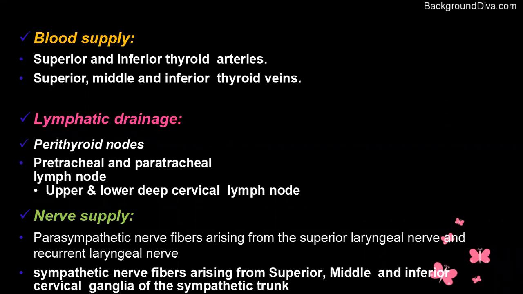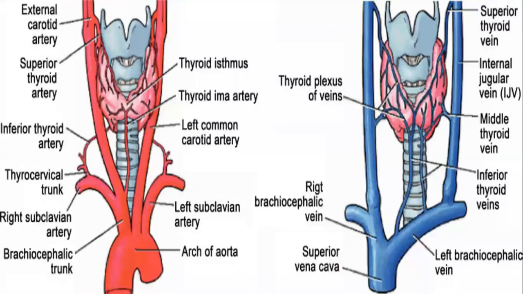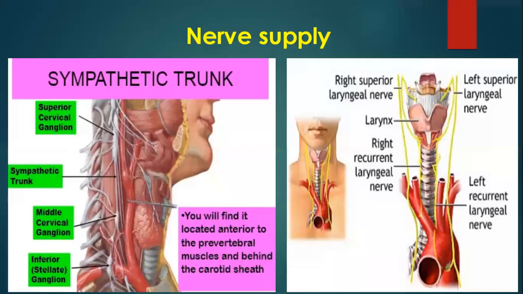So this thyroid gland is innervated by parasympathetic nerve fibers and sympathetic nerve fibers. First we'll see about parasympathetic nerve fibers. These parasympathetic nerve fibers arise from the superior laryngeal nerve and recurrent laryngeal nerve.